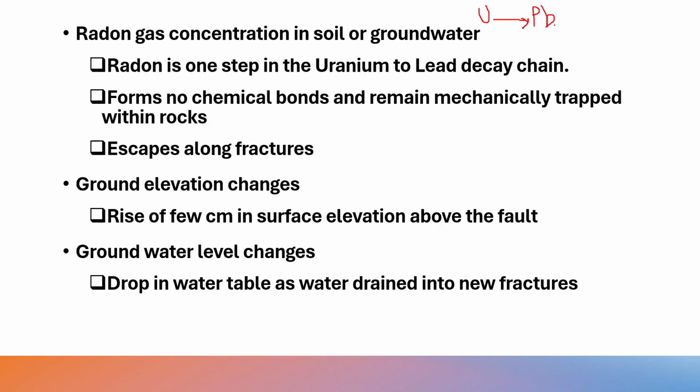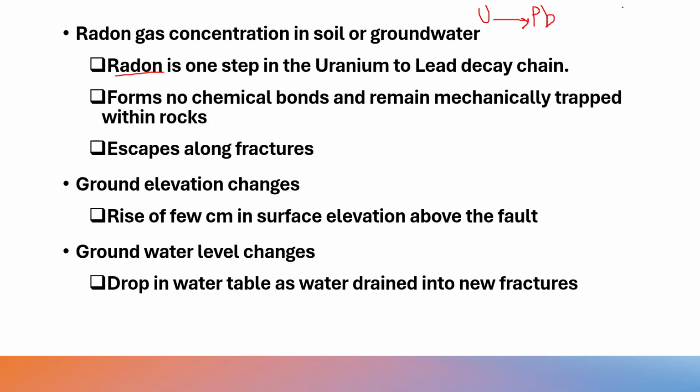When that process happens, in one step, radon is also formed. It's a series of steps, which is why we call it a decay chain. So when uranium decays to lead, in one part of that chain, radon is also formed. This radon does not form any chemical bonds and will remain mechanically trapped within the rocks.